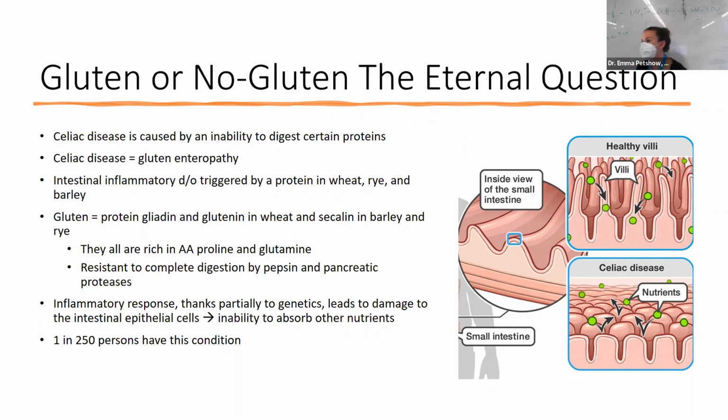You have an inability to not only absorb things like proteins and amino acids now, but other nutrients, because most of our nutrients are absorbed, as we'll see, in the small intestine. It's actually more common than we think. But I put this here because there is actually a pathological change in celiac disease with that healthy villi tissue. You see villi blunting here.